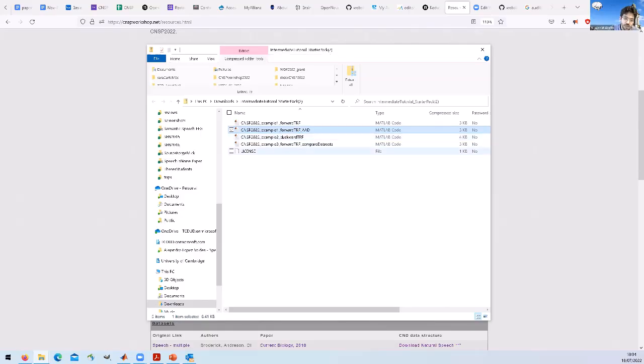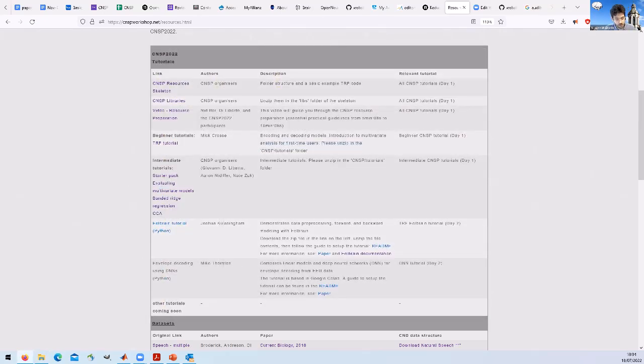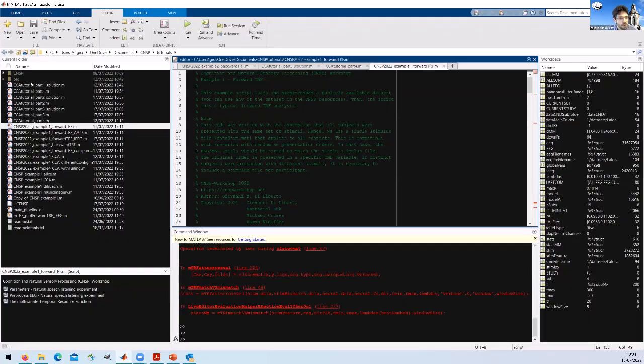And then we have a backward TRF script. And finally, example 3, I called it, which is a forward TRF that compares multiple data sets in one go, which is basically what I showed in the slides. So if you just copy them in the tutorial folder.